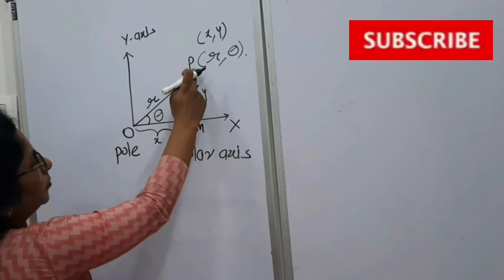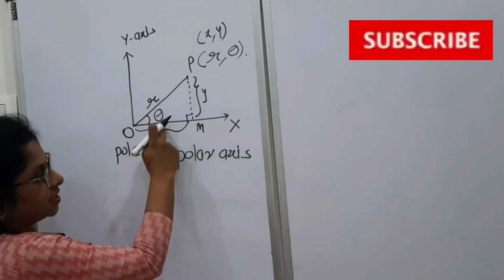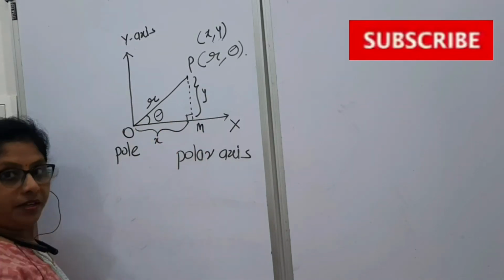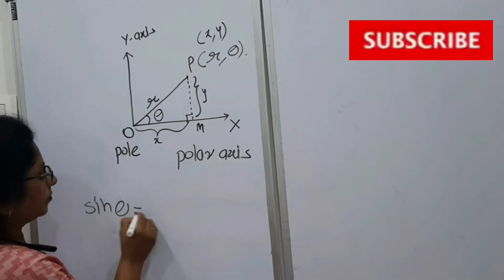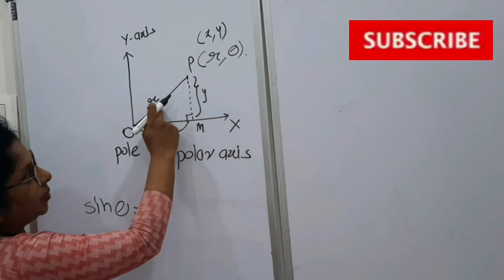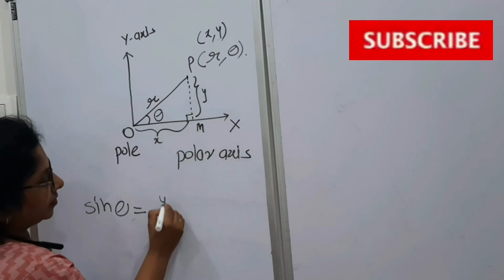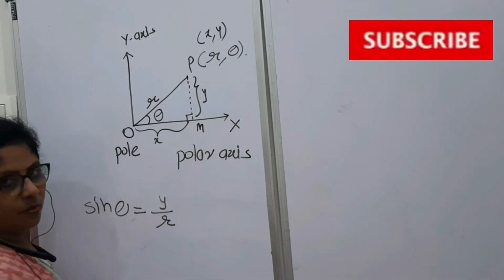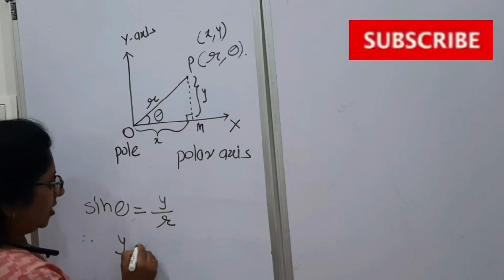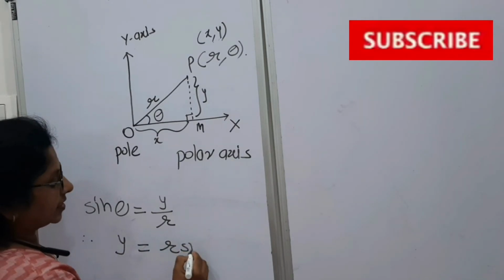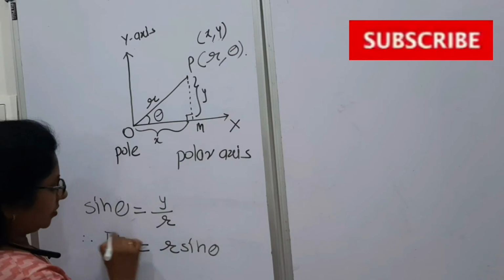Now, in this triangle POM, this is theta. Okay. Then by trigonometric functions, we can say sine theta is opposite upon hypotenuse. Here opposite is y upon hypotenuse is r. Therefore, we can say y equals r sine theta. Okay.